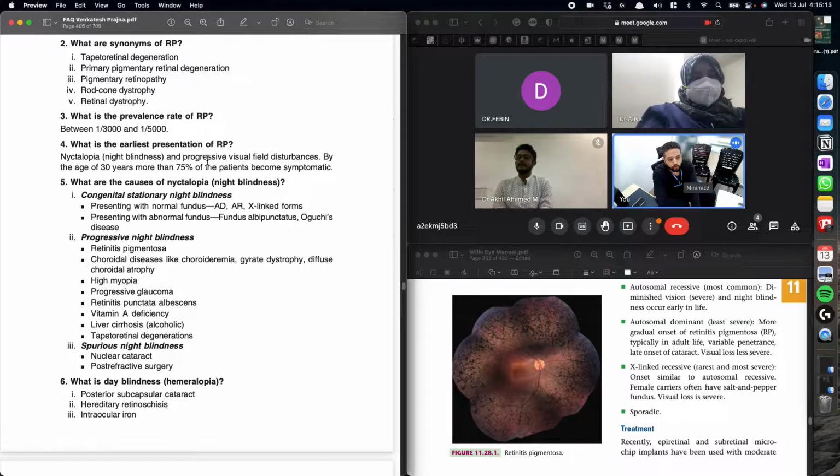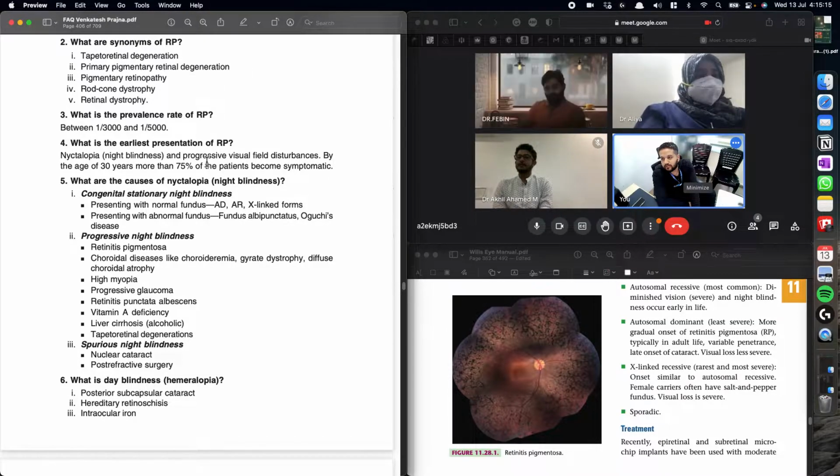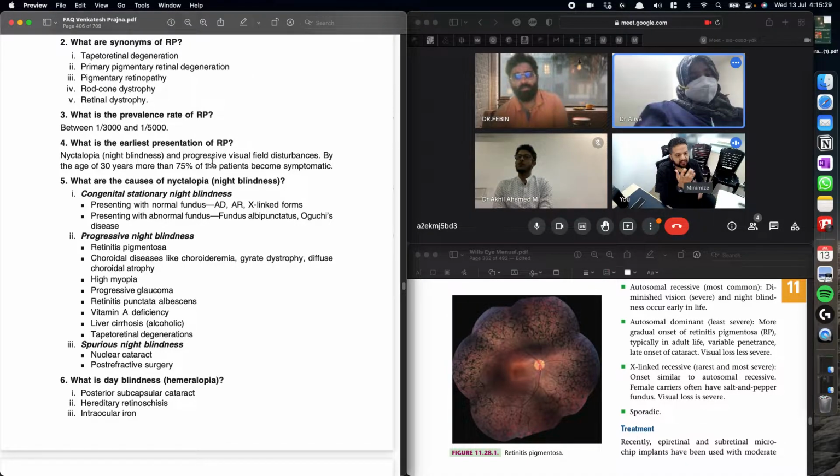What did you say? Scotopic or photopic? Scotopic. So does scotopic have much to do with color? No, not much. But waxy disc pallor is there. See, waxy disc pallor is there.